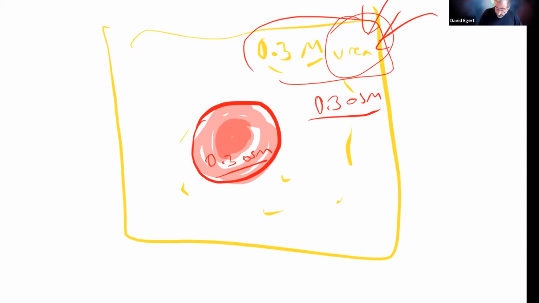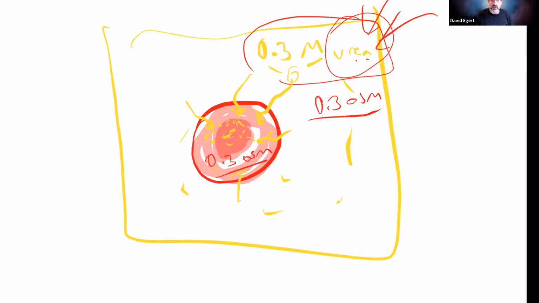If urea could not penetrate, then everything would be cool. We're balanced inside and out. But urea can penetrate, so urea starts coming in. As soon as urea comes in, what's happening to the osmolarity in here? It swells, because we're adding particles.